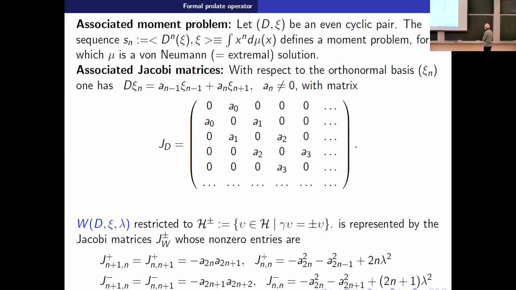And so it will be seen in the matrix, and the off-diagonal elements are still Jacobi matrices, but with a diagonal. And there is an even part and an odd part, because we are talking about an even spectral triple.